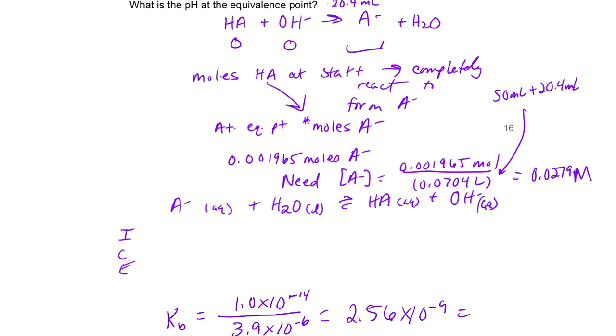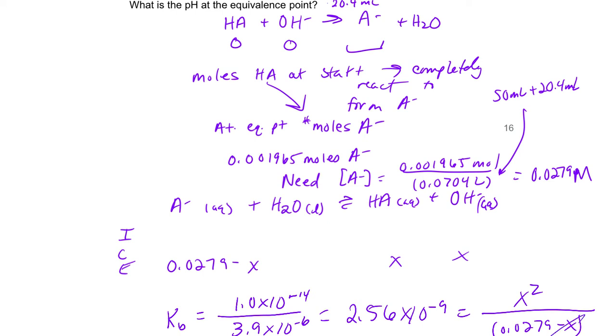Okay. And we need to set up our equilibrium. Okay, so we had 0.0279 moles per liter. I still like writing this part out, at least for the ICE table. So we're going to have x squared divided by 0.0279 minus x. x is definitely small compared to the 0.0279 because our Kb is very tiny.